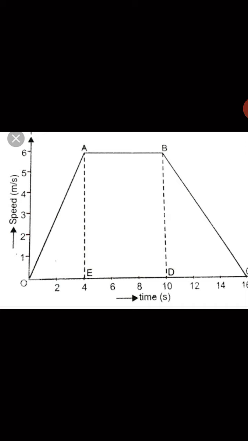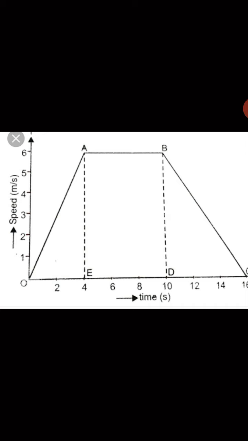The point coming to time from point B is point D. So from D to C is the time duration where the object decelerated. The value at point C is 16 and at point D it is 10. So 16 minus 10 is 6. So the object was decelerating for 6 seconds and then it ultimately stopped.